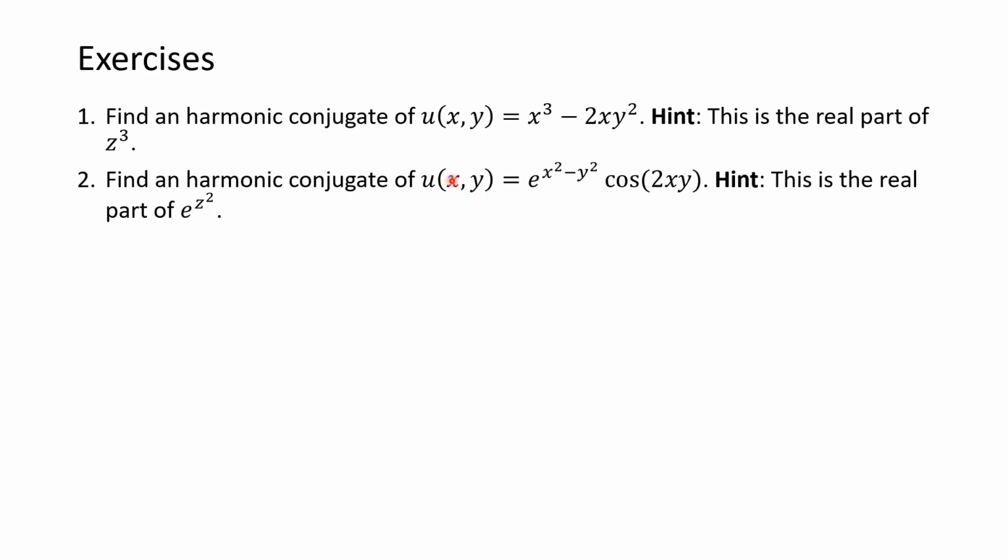If u of x, y equals e to the x squared minus y squared times the cosine of 2xy, show it's harmonic, which is kind of messy, and then also find its harmonic conjugate. And again, a hint here is that this is the real part of e to the z squared.